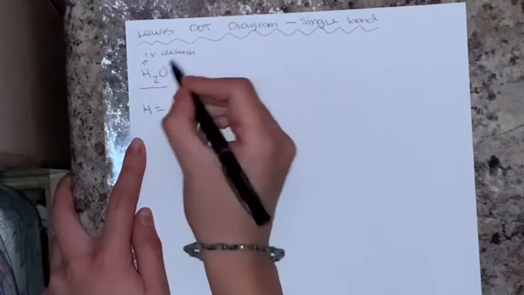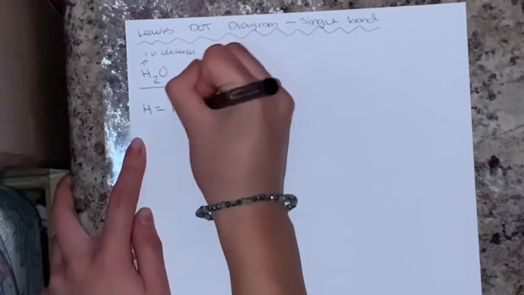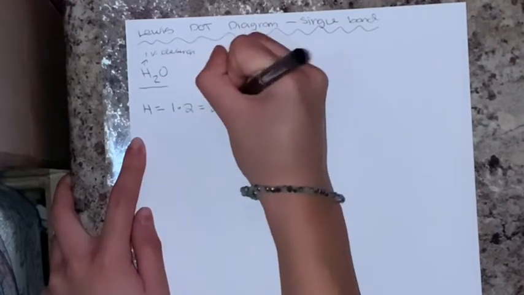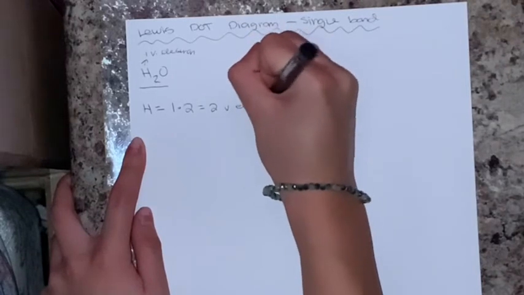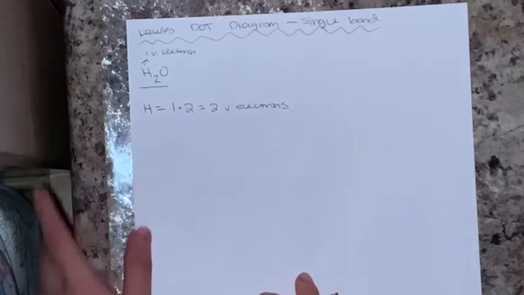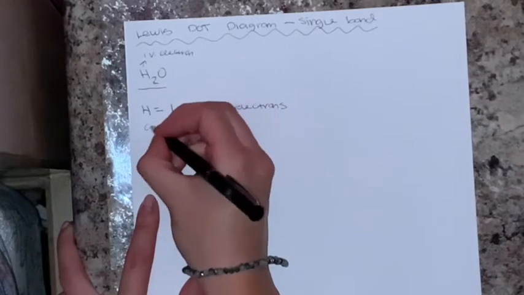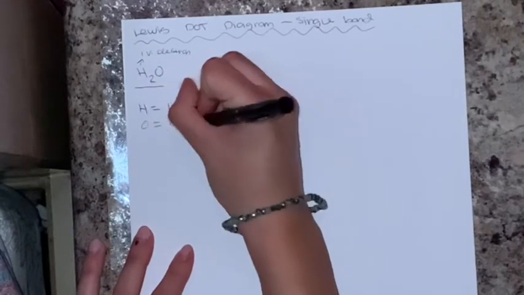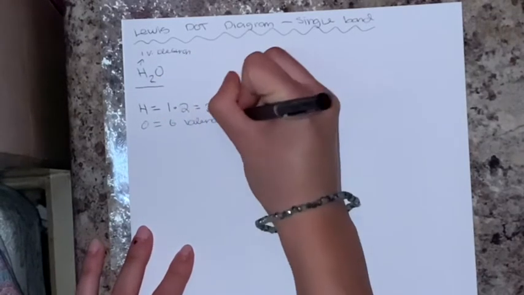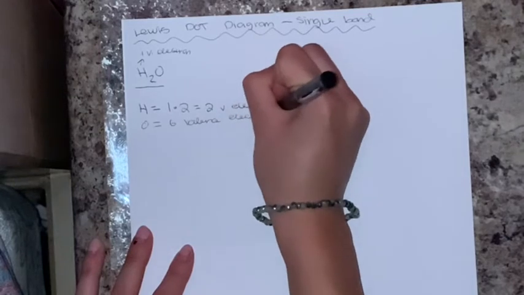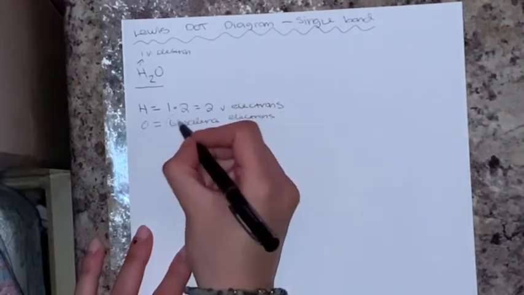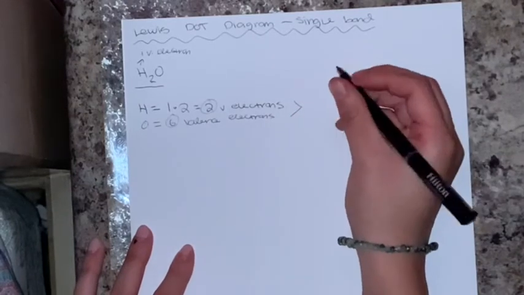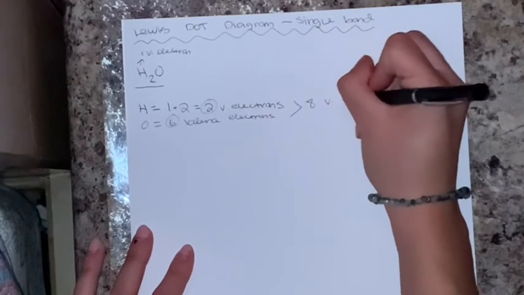So we're going to multiply that one valence electron to those two hydrogen atoms, and we're going to get a total of 2 valence electrons. And this is step 1 of drawing Lewis dot diagram. And we have oxygen, and we know that oxygen has a total of 6 valence electrons. And so we're going to add up the 6 and the 2 to get the whole total of valence electrons. And so we're going to get a total of 8 valence electrons.